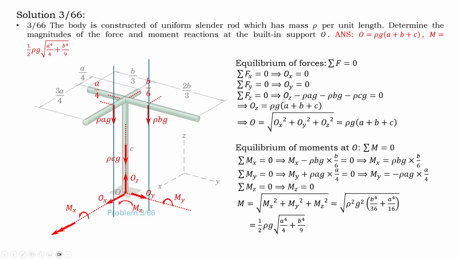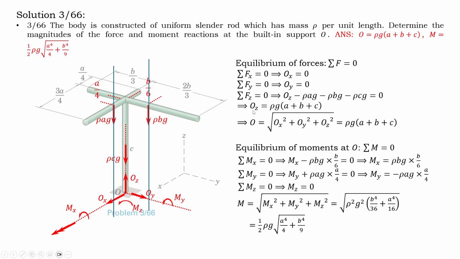So I write all of them. Just be careful, these are negative and the only one that is positive is OZ. You might ask why OZ is positive. It's up to you, but I always ask people to put the unknown in positive directions. It's easier. So we find OZ, and rho g a, b, c will be on the right hand side, and you will find OZ.